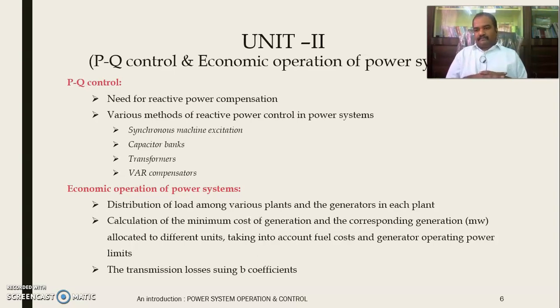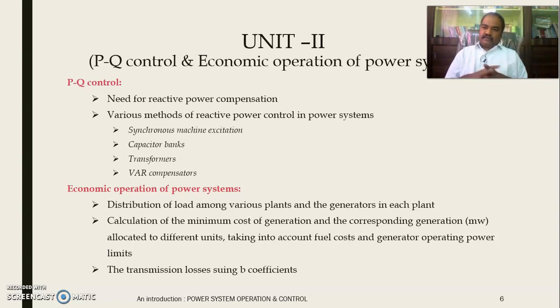The second part of unit 2 is about economic operation of power systems, which deals with how to share or distribute the power generation among the various units which are available to you, so that the total cost of the generation is minimized.